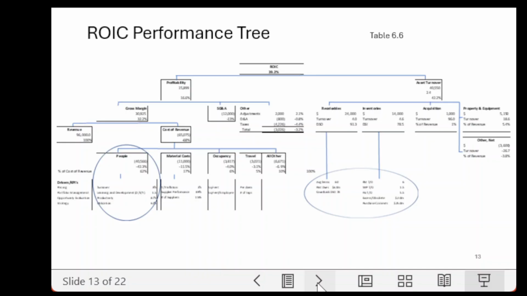So for example, if we're looking at the management of profitability on the left-hand side and we drill down and eventually get to people costs and what the turnover is, learning and development expenditures, productivity, things that drive the overall productivity and utilization and cost of people.